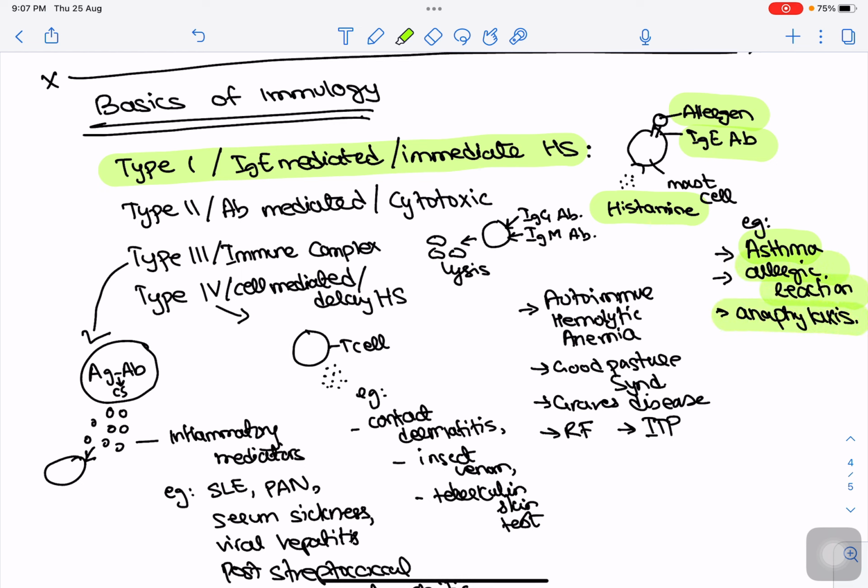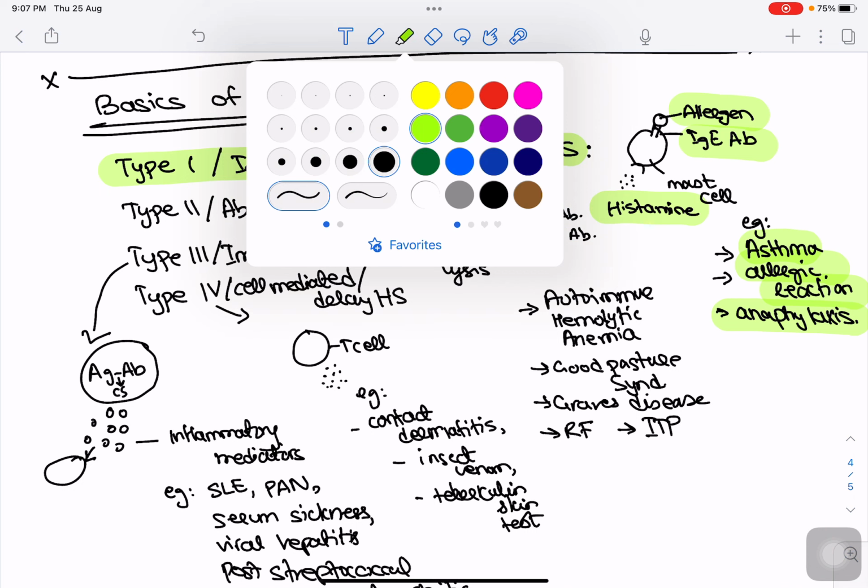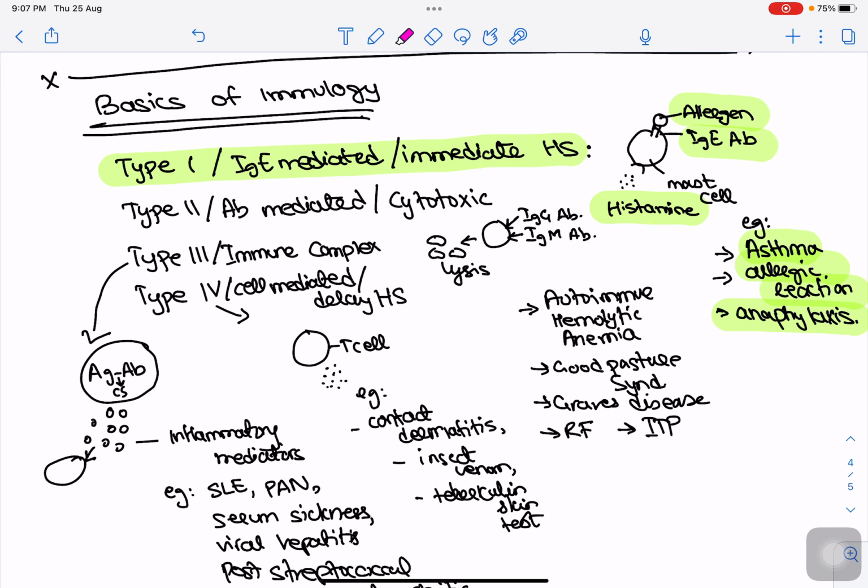Then there is type 2, the antibody mediated cytotoxic reaction, in which an IgM antibody attached to the cell leads to the lysis of the cell.